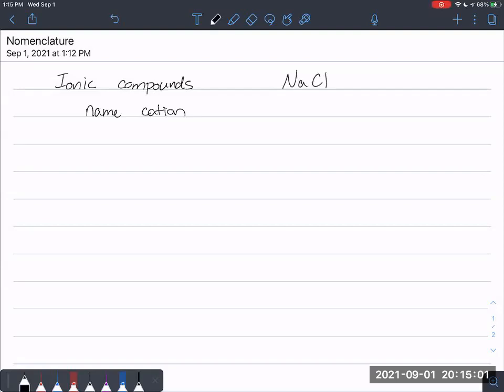So we named the cation. What we have here is sodium going to sodium ion and an electron. For the most part, generally, our metals are losing electrons. Now, again, that's not always true, but for our purposes right now, a metal is going to lose an electron. Okay. The way that we name the cation in this case is just the name of the element.